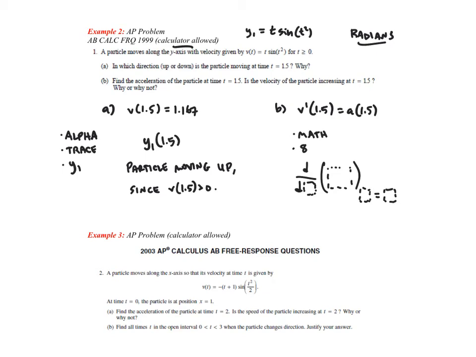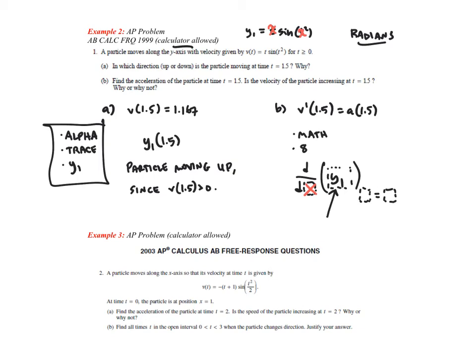Okay, so you want to put x here because we're differentiating with respect to x, and your function goes in as x times sine of x squared. But it's an easy transition between variables. And then the exact same thing we did right here for alpha trace y1, do that to select y1 here. So we're going to be taking the derivative of y1, which is the derivative of velocity, which is acceleration.